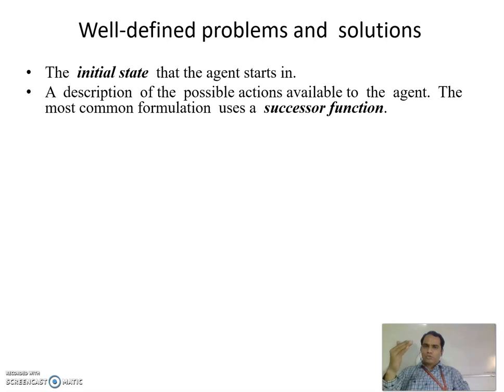Now S2, S3, S4 are the successor states from state S1 on doing valid actions A1, A2, A3 or A4, whatever we consider. So this is the set of states that are given by my successor function.